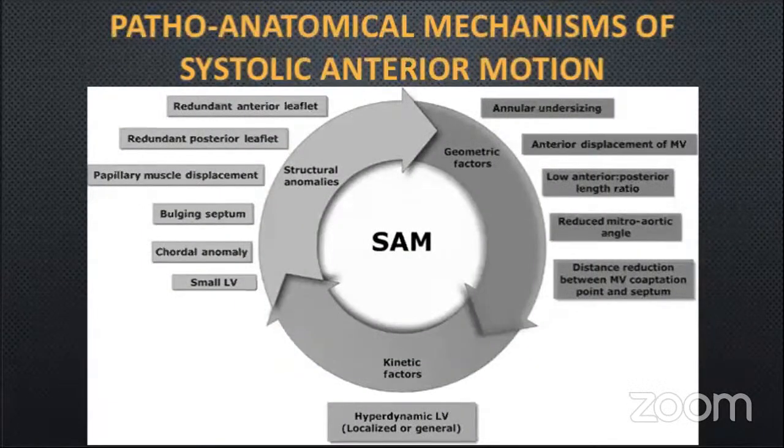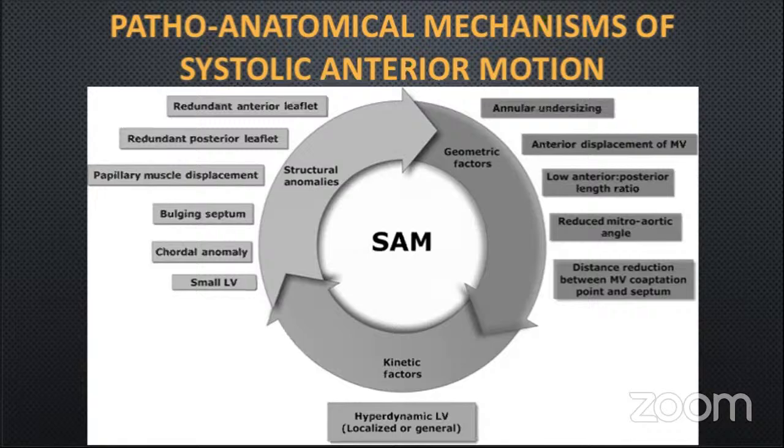Here we can see that the mitral valve consists of the anterior and posterior leaflets, the annulus, and the subvalvular apparatus of the papillary muscles and chordae tendineae. The function of the mitral valve depends on these structures, but also on the global left ventricular structure and contractility.